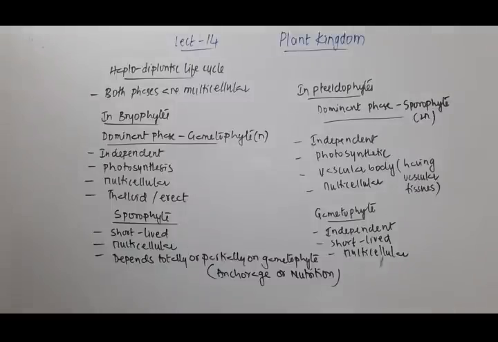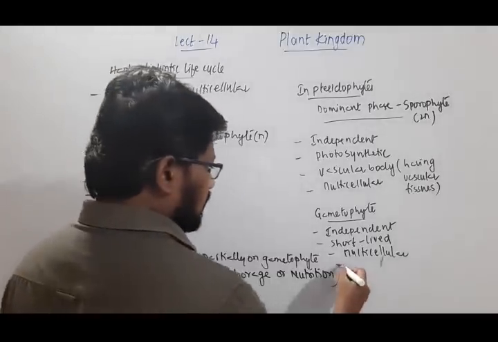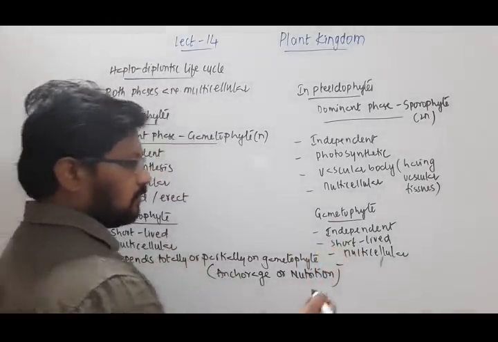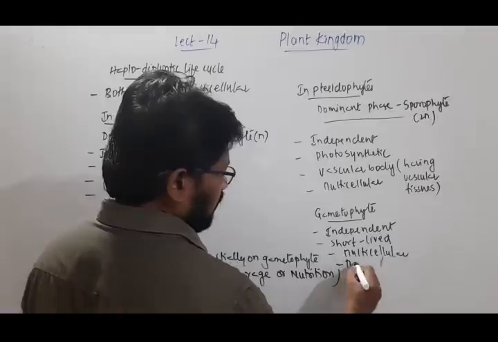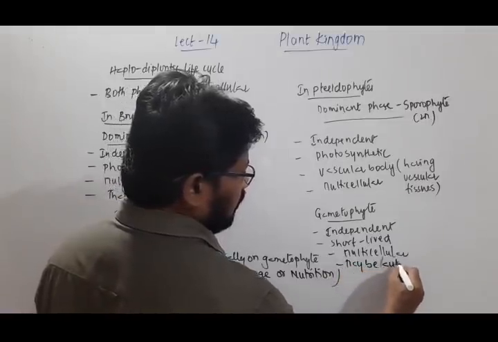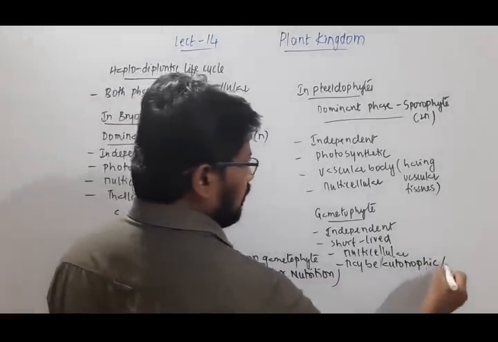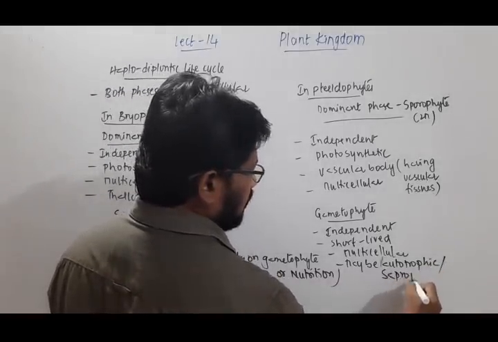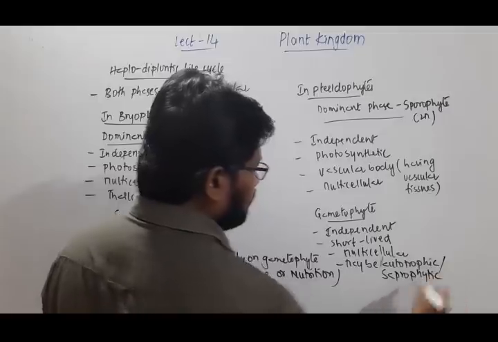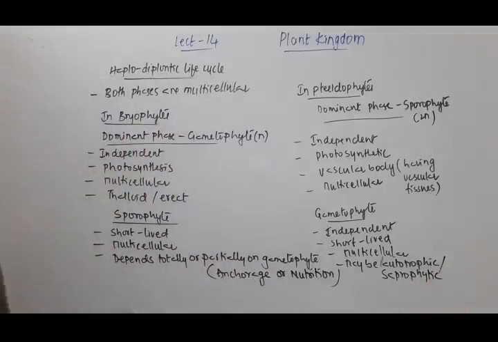So the gametophyte is independent, short-lived, and multicellular, and it may be autotrophic, meaning capable of performing photosynthesis, or saprophytic.